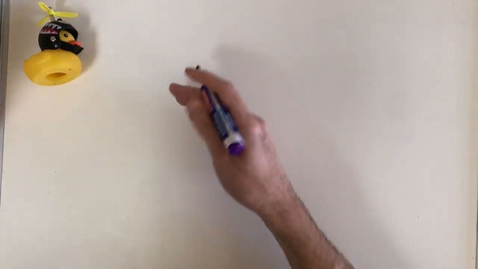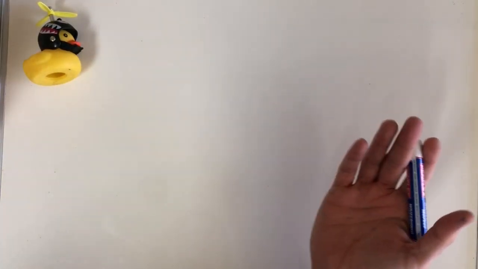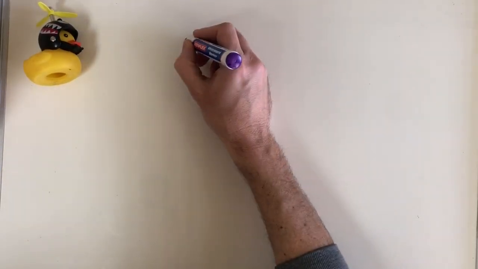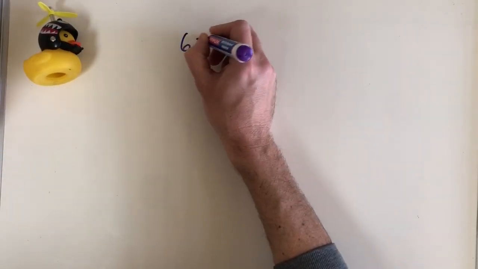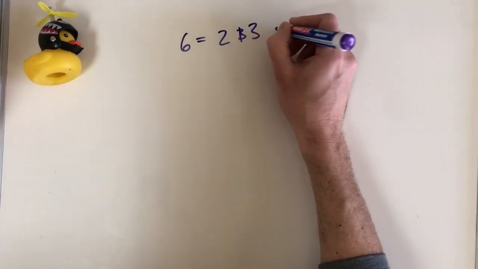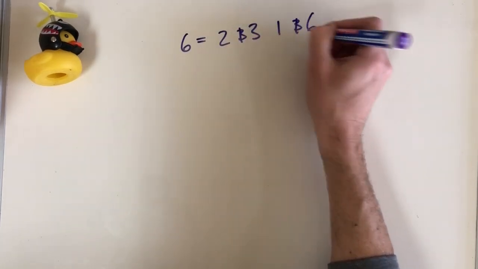Before we go into factorization, let's understand what a factor is. By now you should know that factors are numbers that can divide into other numbers without any remainders. If I looked at the number 6, the factors would be 2 and 3, obviously 1 and 6 as well.